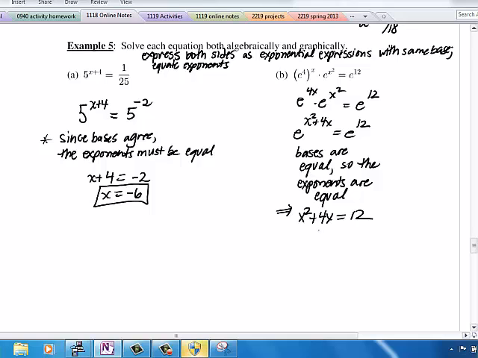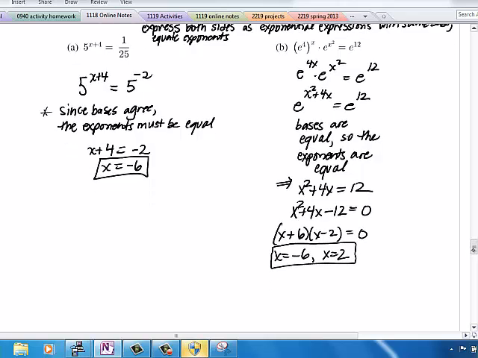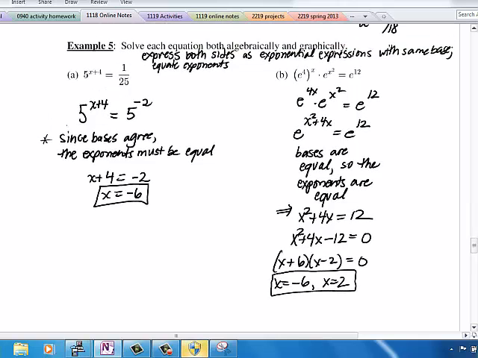So we have a quadratic equation here to solve. We can try to get a 0 and factor, which will work. X plus 6, x minus 2. So either x is negative 6 or x is 2. So that one happens to have two solutions. But again, in this particular video, all we're going to be able to do is solve exponential equations if both sides can be written in terms of the same base.